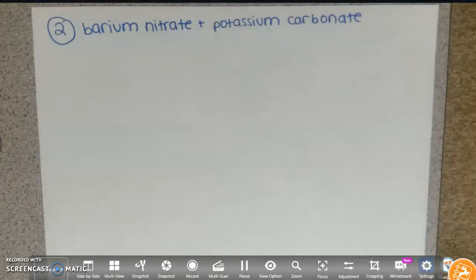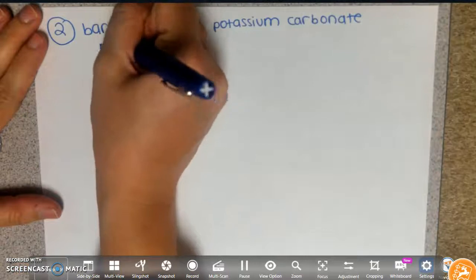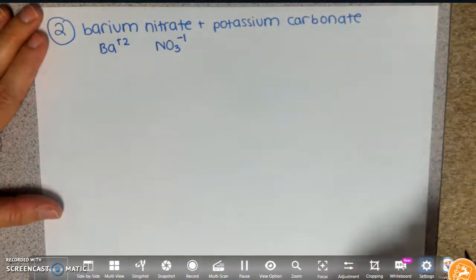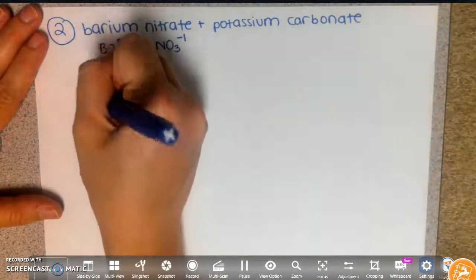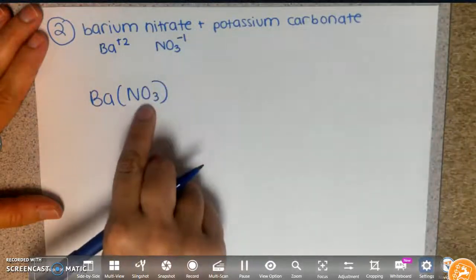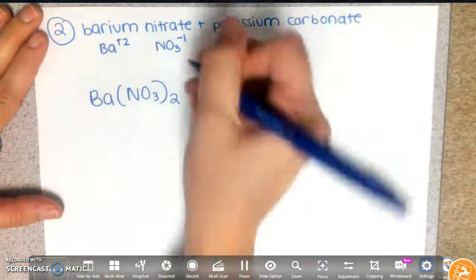Okay, so number 2, barium nitrate and potassium carbonate undergo a double replacement reaction. So the first thing we have to do is write our balanced equation. So these are my reactants. Barium is Ba positive 2, nitrate is NO3 negative 1. So that formula is Ba, and we have to put nitrate in parentheses because it's a polyatomic ion, and we need 2 of them because barium's a 2.